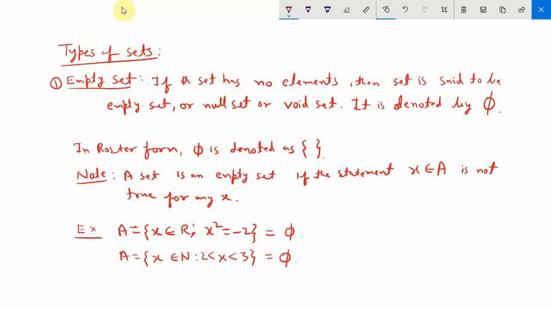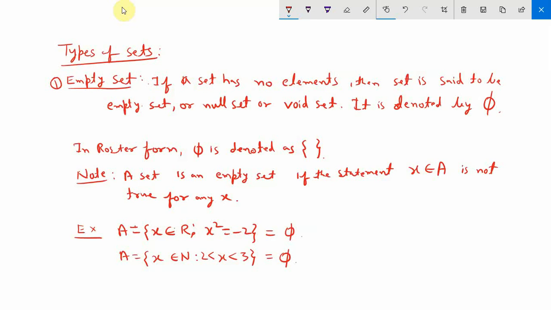Okay, friends. So if A and B are two empty sets, then x is an element of A is satisfied because there is no element x in either A or B. Thus, we can take A equal to B. So there is only one empty set and we denote it by phi.